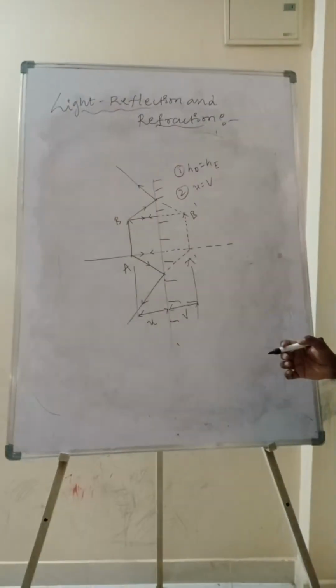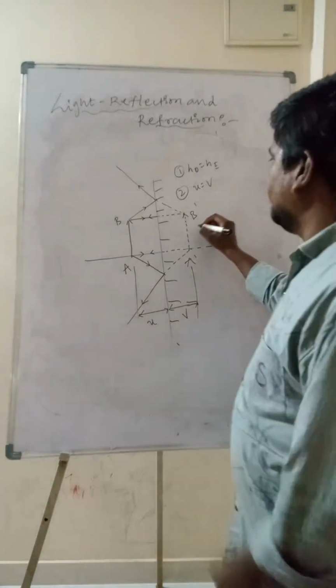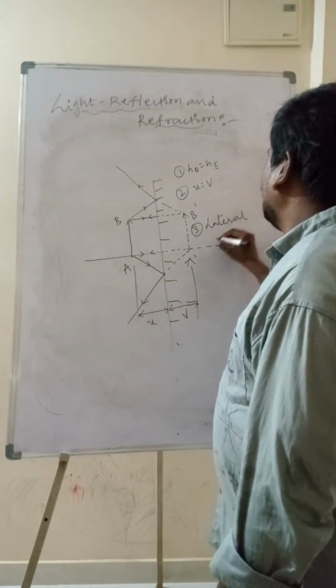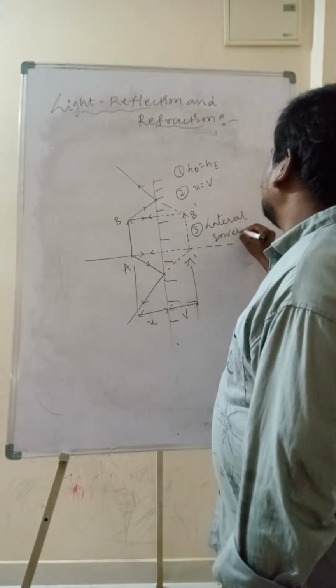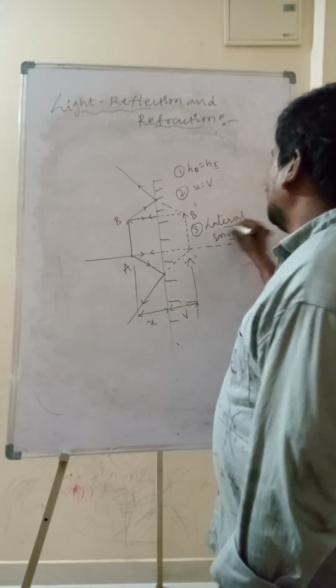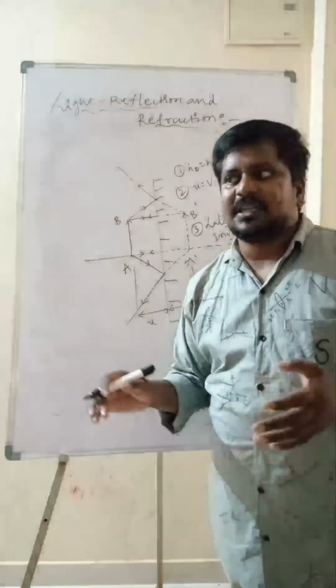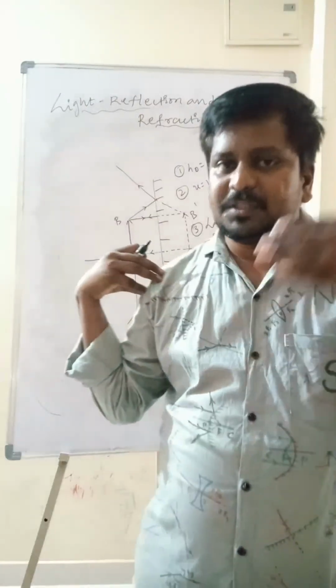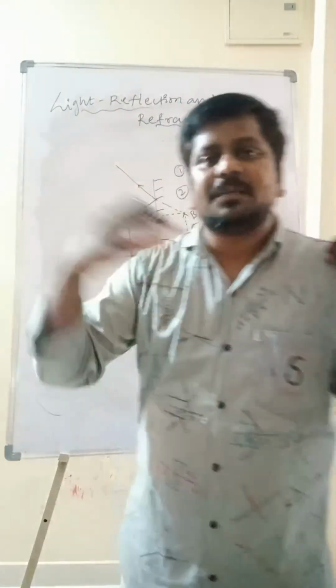And the third point we can see is lateral inversion. It shows lateral inversion. What is lateral inversion? The phenomenon in which the right side of the object appears to be the left side, and the left side of the object appears to be the right side.